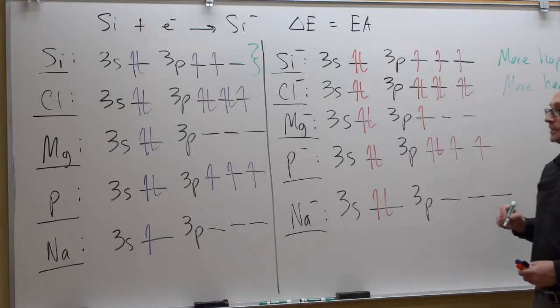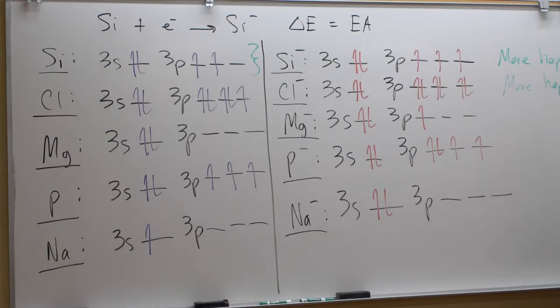What about magnesium gaining an electron? Now it's less happy. Now it has to put an electron in a higher energy subshell, right? That makes magnesium unhappy. So I'm going to say less happy. Okay, phosphorus going to phosphorus negative, more or less happy? That's also going to be less happy.